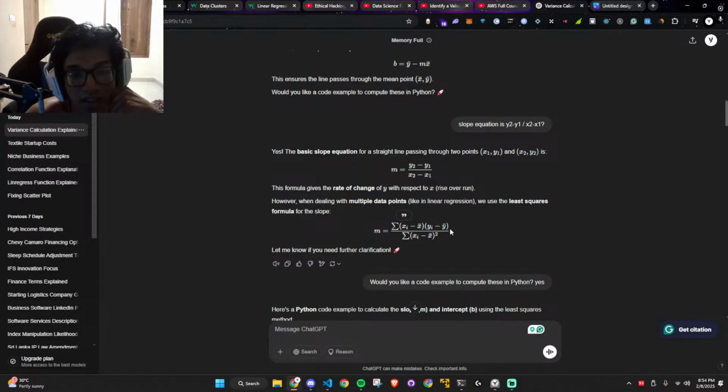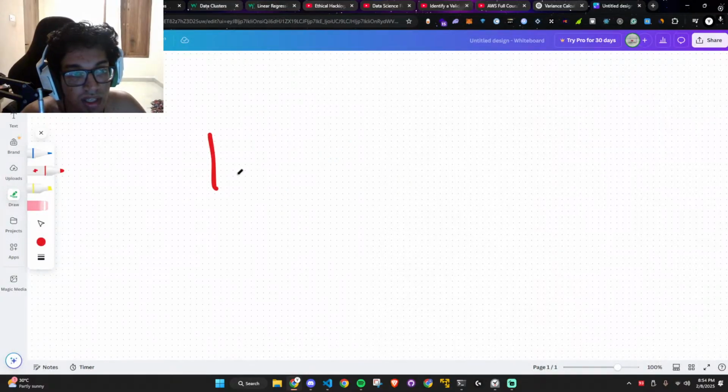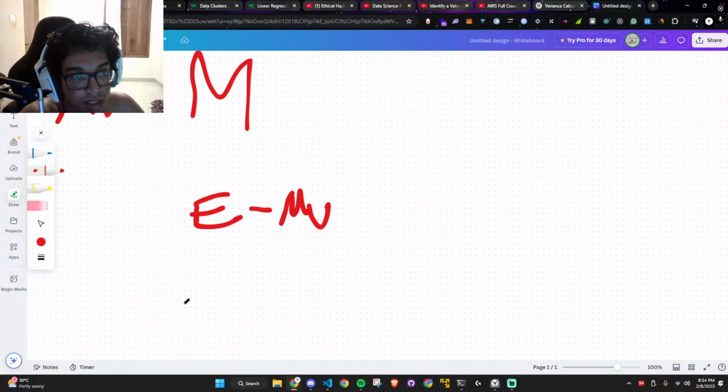So essentially, in variance, like how I said, the first method is to find the mean, and then you subtract the mean from each value. I'm just gonna call this the mean value, and once you reduce each value by the mean value, let's just call it FC or something, I don't know.